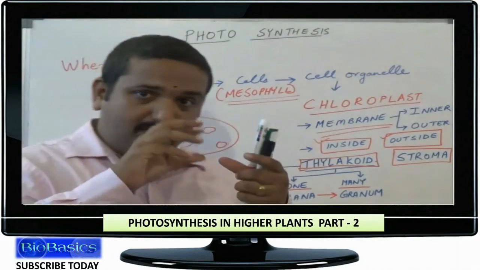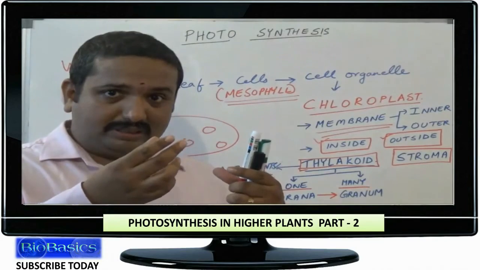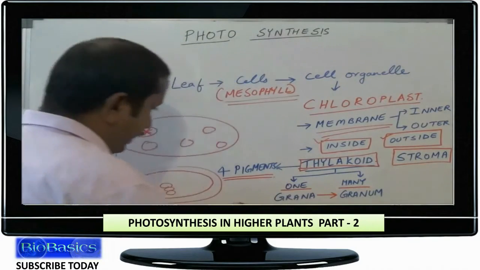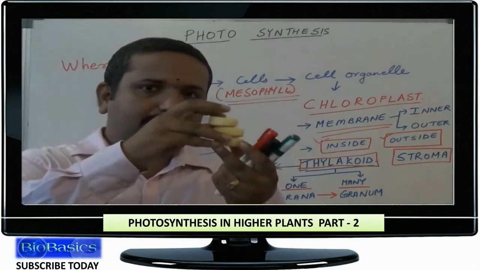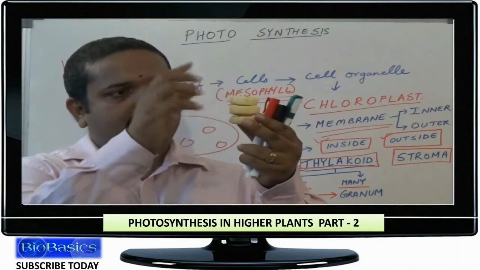Within the chloroplast you have thylakoids, and outside you have what is called stroma. If the thylakoids are arranged, they will look something like this. This is typically how the thylakoids will be stacked one on top of the other.